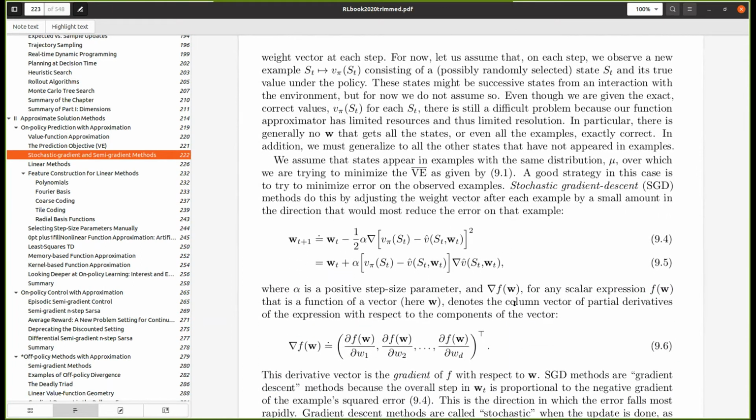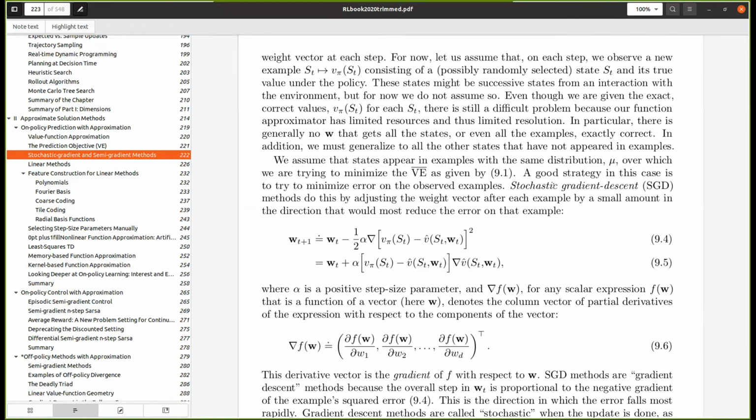But again, everyone here is familiar with deep neural networks and how they work, and the ideas are mostly directly extensible to that.